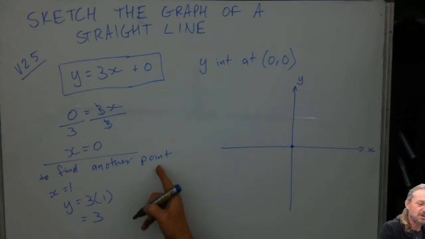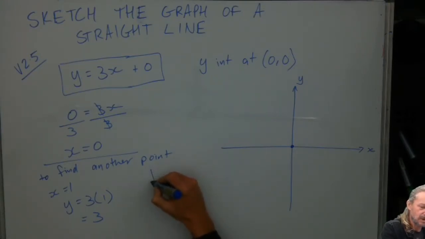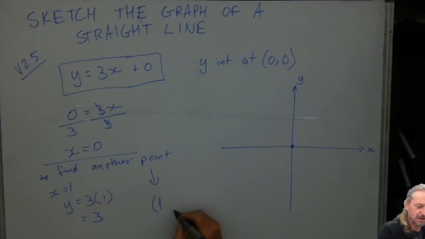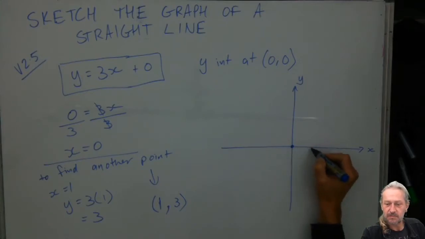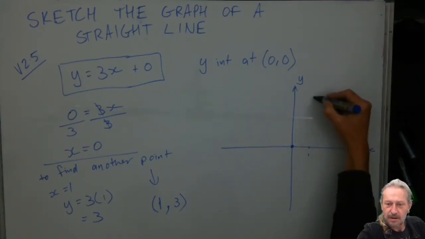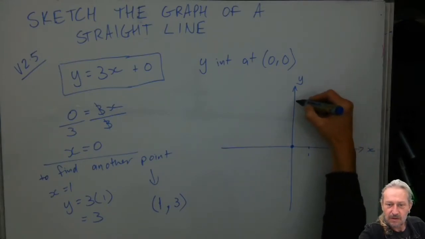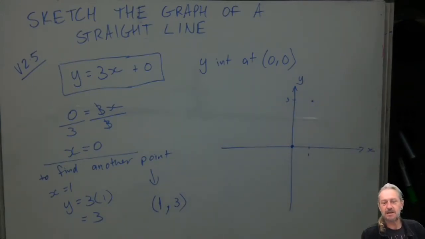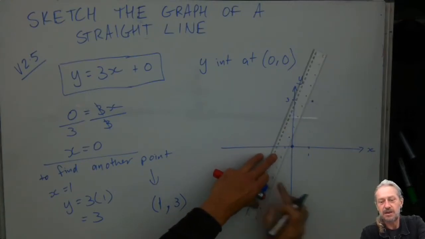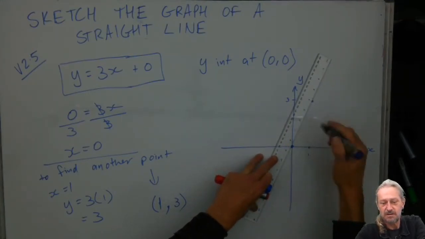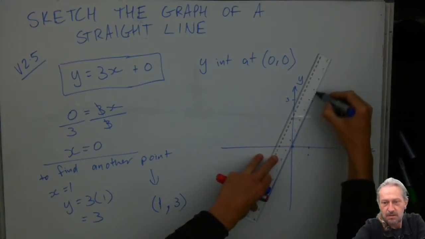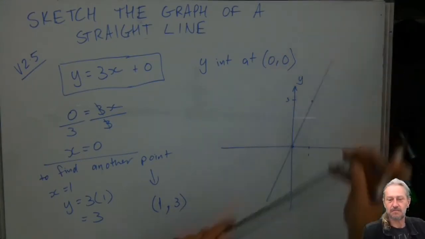So another point on our line is 1, the one that we substituted in, comma 3. So if we call that 1, then 3 is there, say. And so that gives us our second point with which we can draw the line.